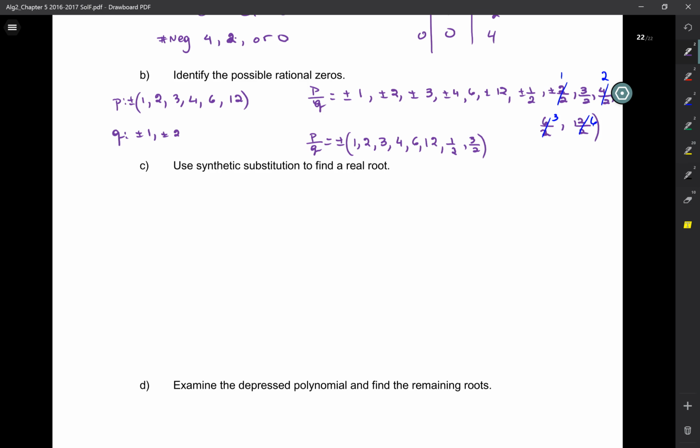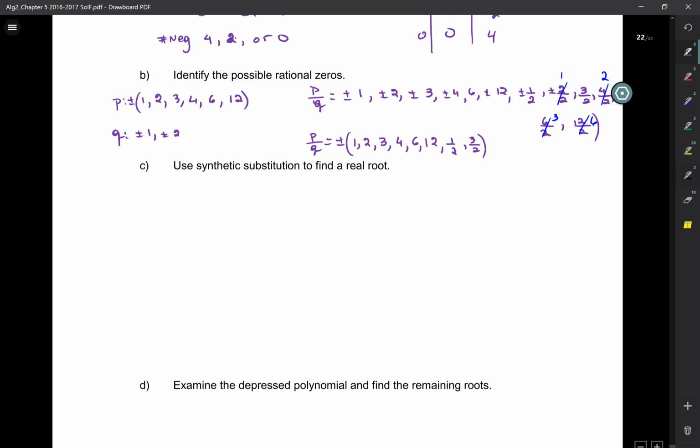All right. So, let's try one. Descartes' rule says there are not going to be any positive ones, right? So let's go to -1. Let's try -1.